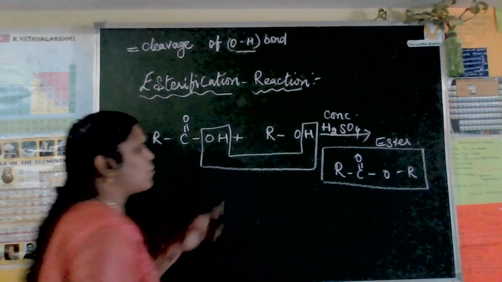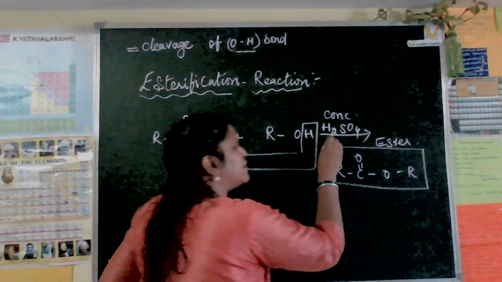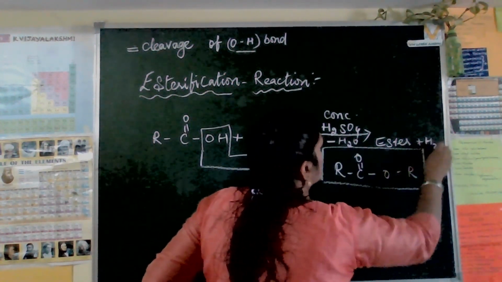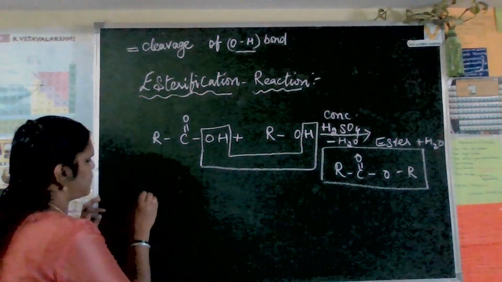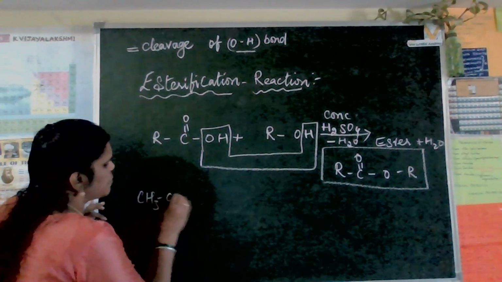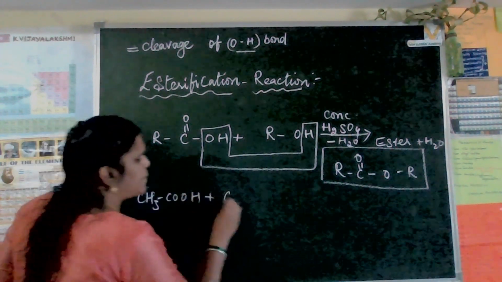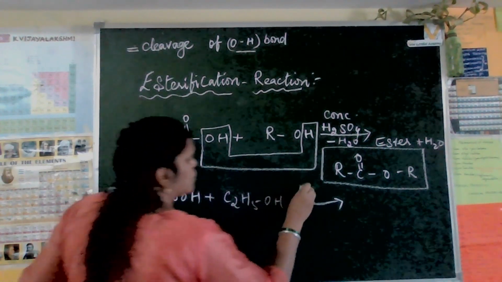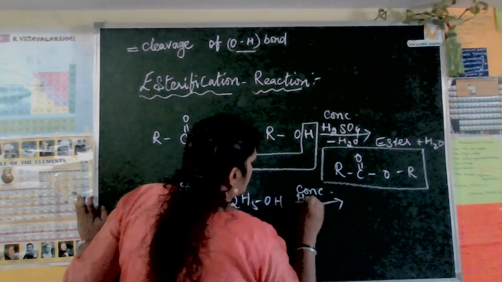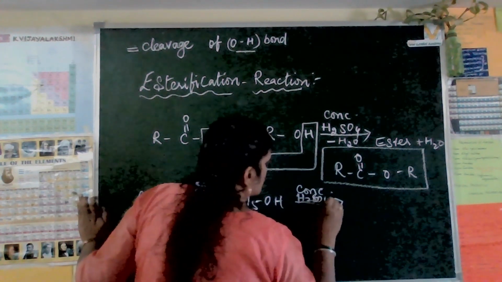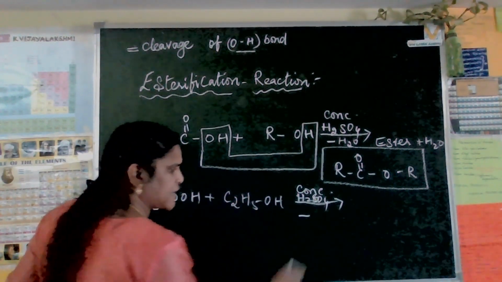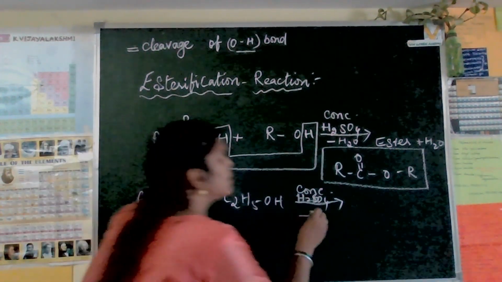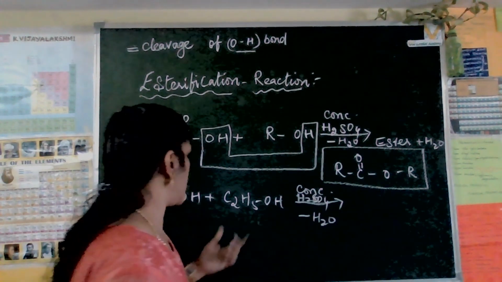Actually, it is acting as a dehydrating agent, so removal of water, so you will get water. Now, for example, CH3COOH, acetic acid, combined with C2H5OH in the presence of concentrated sulfuric acid. Concentrated sulfuric acid, what is it acting as? Acting as a dehydrating agent, it removes water. Now what happened here?